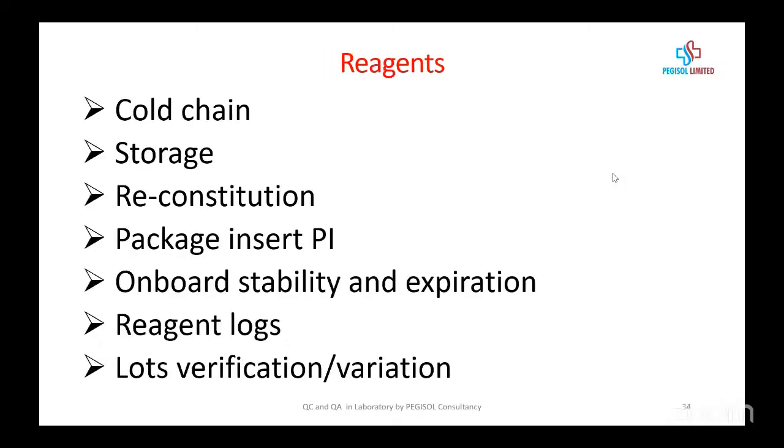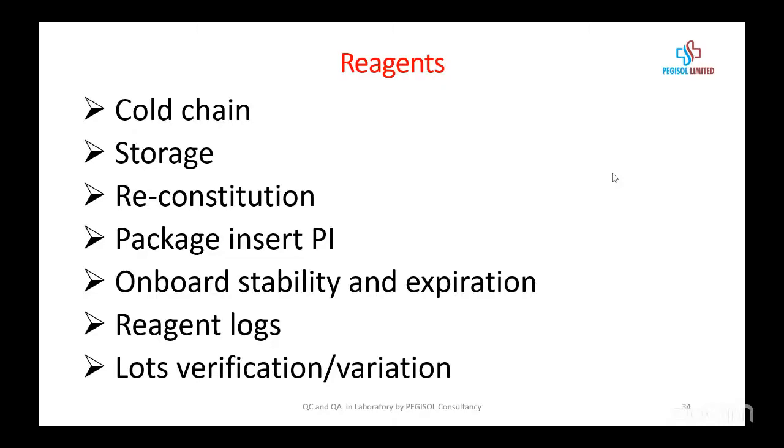When looking at reagents, we are troubleshooting a failed QC now. Look at the cold chain. Was the cold chain broken? Did the reagent come at the right temperature? You must look at all these things. The reconstitution: was it properly reconstituted according to the manufacturer's instructions? Packaging, SDS, API, onboard stability and expiration date.